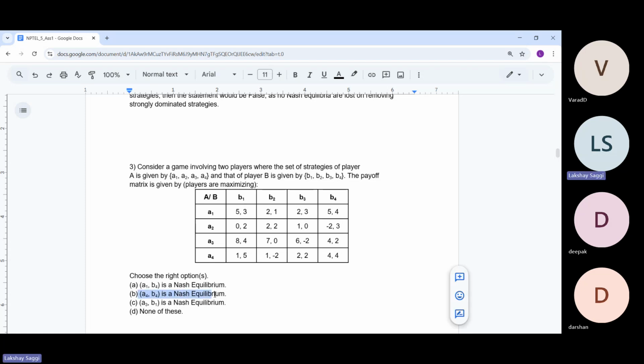And similarly, let's see for option B, A4 comma B4. So A4 comma B4 will be something like this, 4 comma 4. Is this a Nash equilibria or not? Again, would anyone like to answer this in chat?